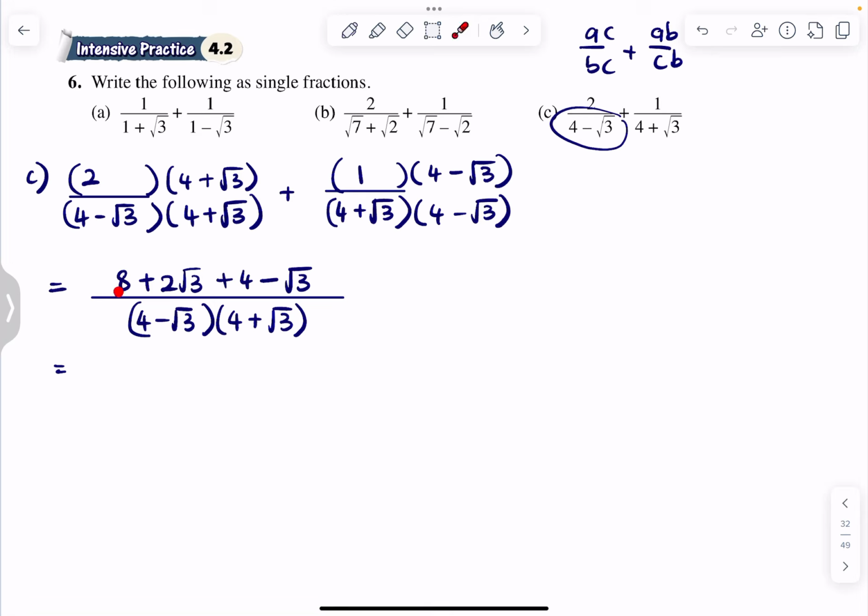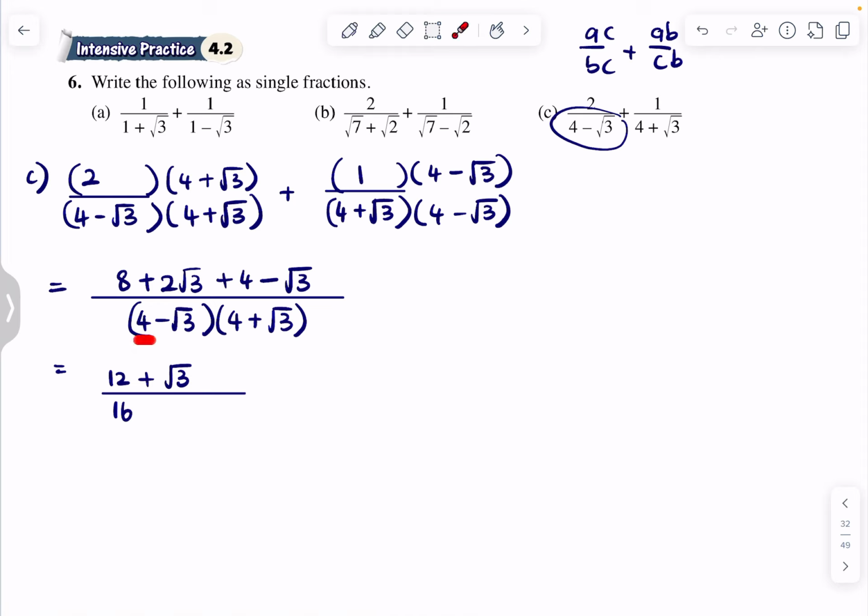Let's simplify. So 8 plus 4 is 12. And then 2√3 minus 1√3. So 2 oranges minus 1 orange, we are left with 1 orange. So √3, but no need to write the 1. Then the bottom here, 4 times 4 is 16.